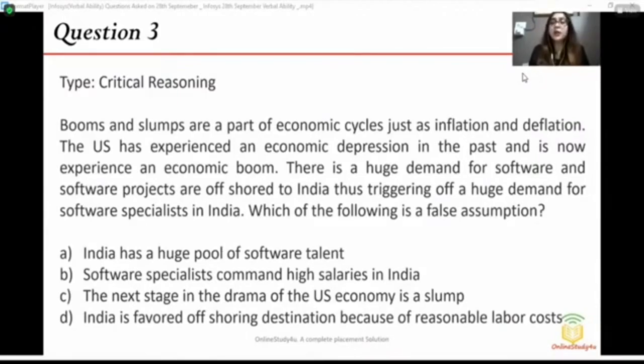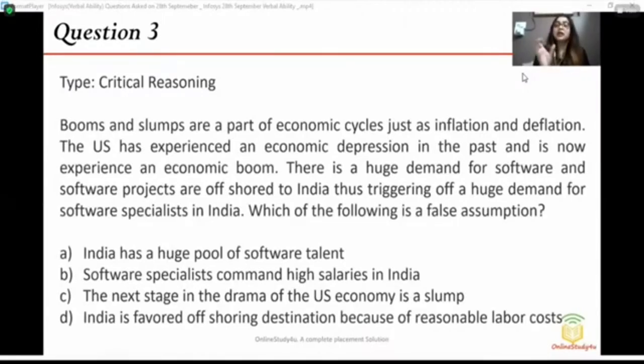The US has experienced an economic depression in the past and is now experiencing an economic boom. So, you know, in the past, it has gone through that slump phase, a depression, and now it's going through the boom phase. There is a huge demand for software, and software projects are offshore to India, thus triggering off a huge demand for software specialists in India.